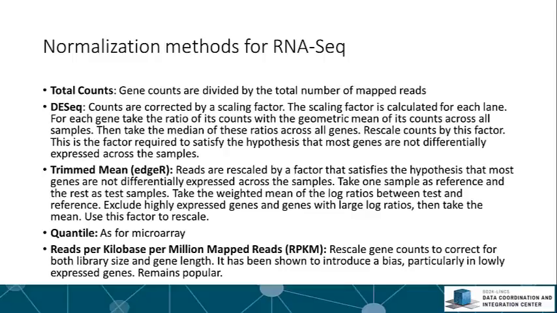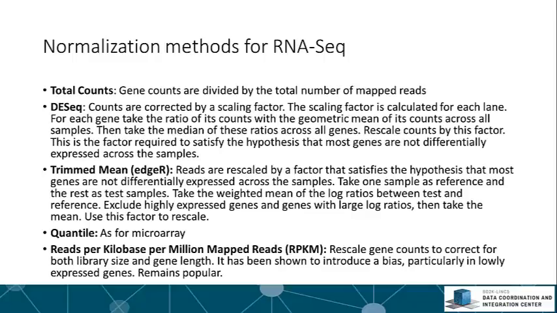The difference is in the manner in which the scaling factor is calculated. With the trimmed mean, you take a sample and define it to be a kind of reference sample, and all the other samples are what we term test samples.